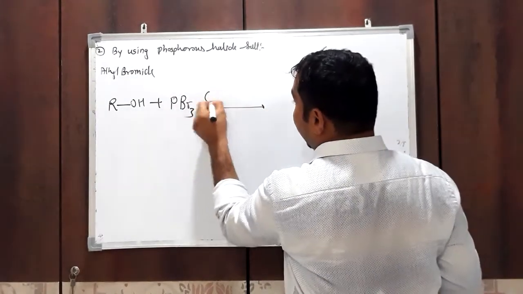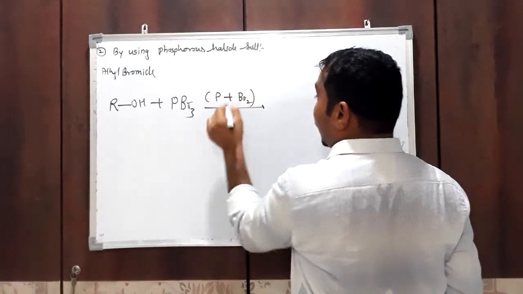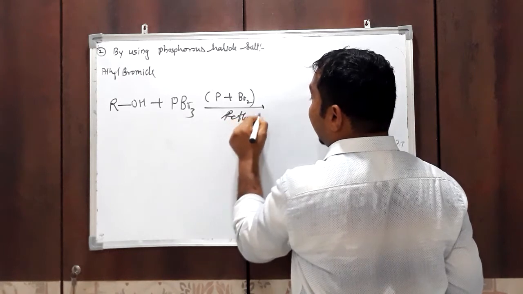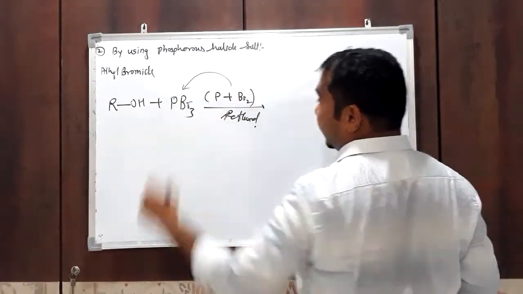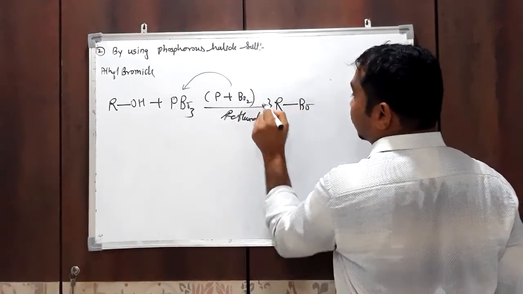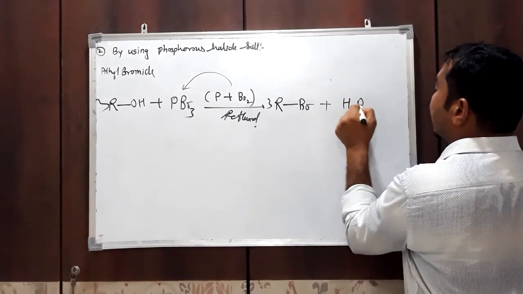We have to prepare it by reaction between phosphorus and bromine. First reflux, this phosphorus and bromine will produce PBr3, and then you will get 3 RBr plus H3PO3.